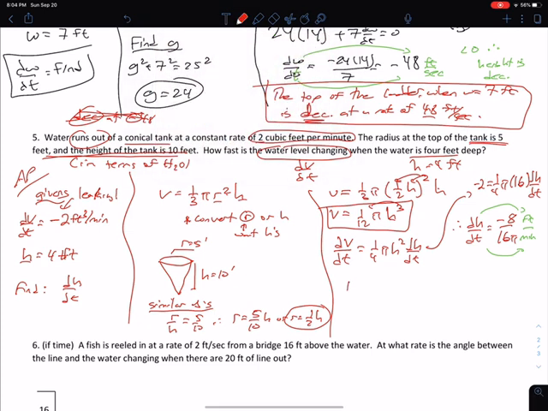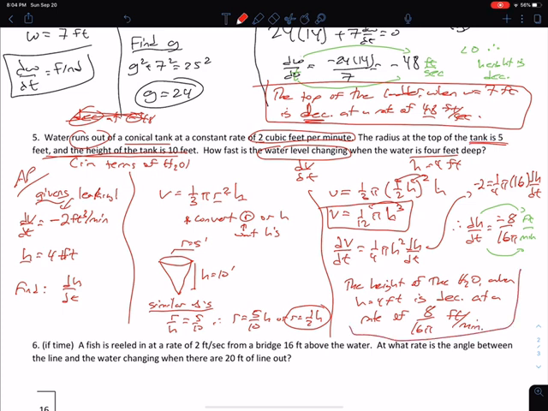We would say the height of the water, and you can use H2O, when h is 4 feet, is negative, so it is decreasing at a rate of 8 over 16 pi feet per minute. And there's our answer right there.